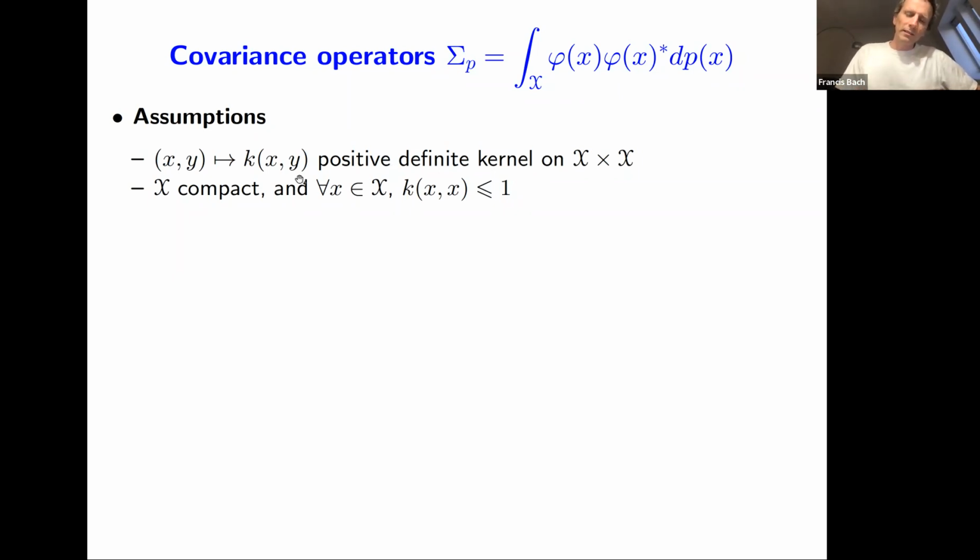I'm going to assume the set is compact, and that the kernel is a symmetric function which is positive definite, which means that if you take the matrix of all pairwise evaluations, then that matrix is a PSD matrix. I'm going to assume that k of x, x is less than 1.